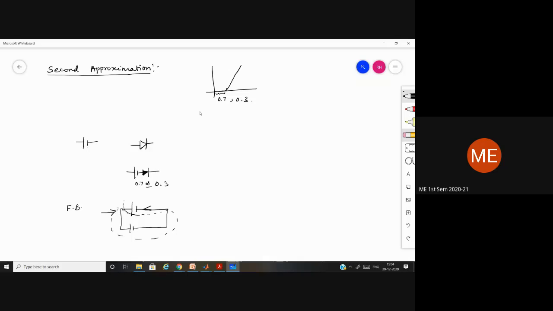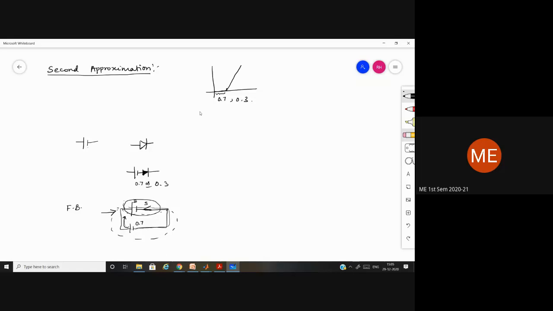This part is the equivalent circuit of the diode. This is the switch, this is the battery. Now they started allowing the current to flow. They slowly increased the voltage of this battery. When it crossed 0.7, they were able to see the current passing through the circuit.